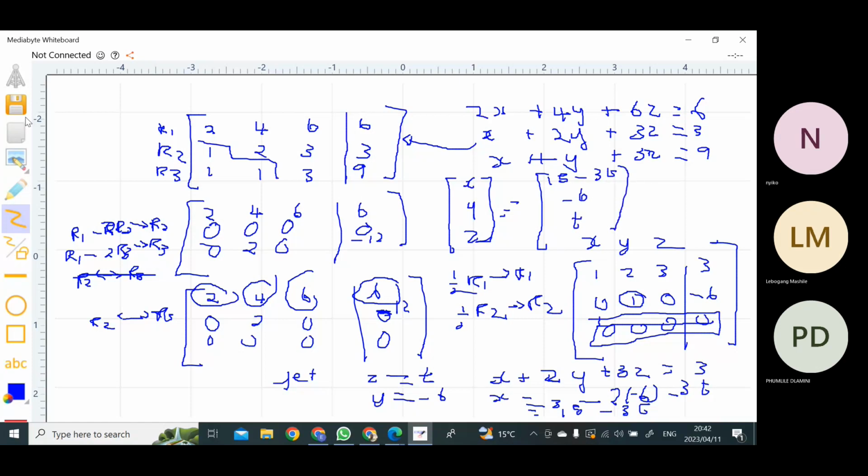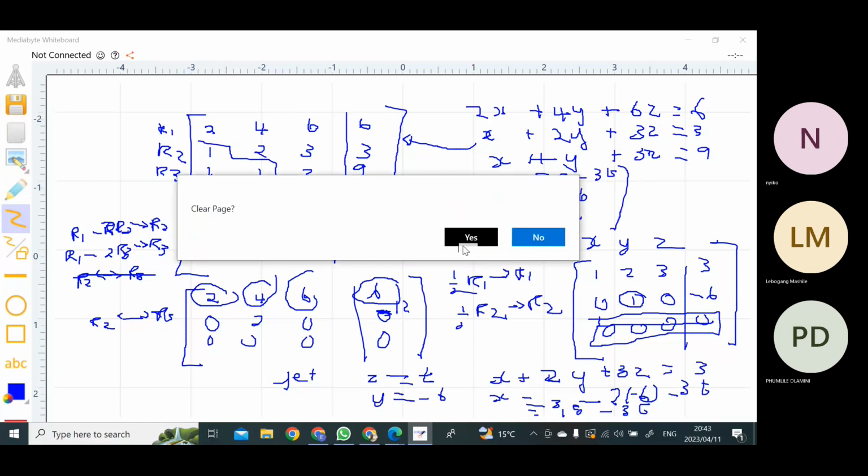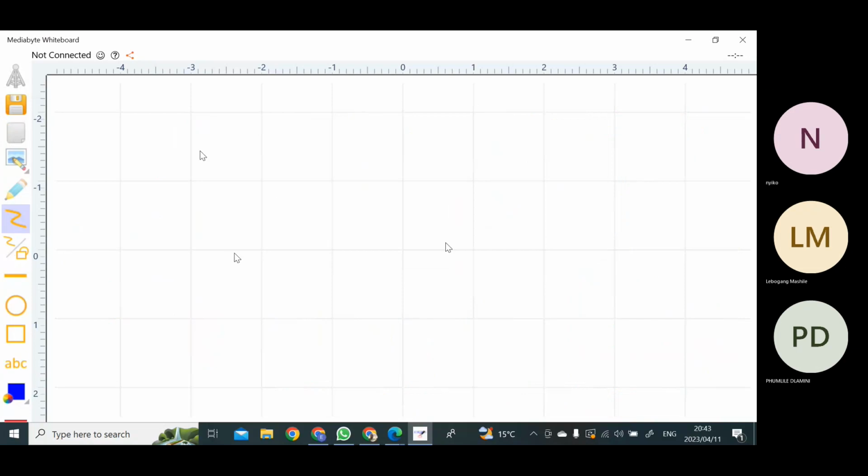So let me just erase here, and then I'm going to rewrite them properly. Let me write the final solution: x, y, and z. So here we got the answer 15 minus 3t, minus 6, and t.